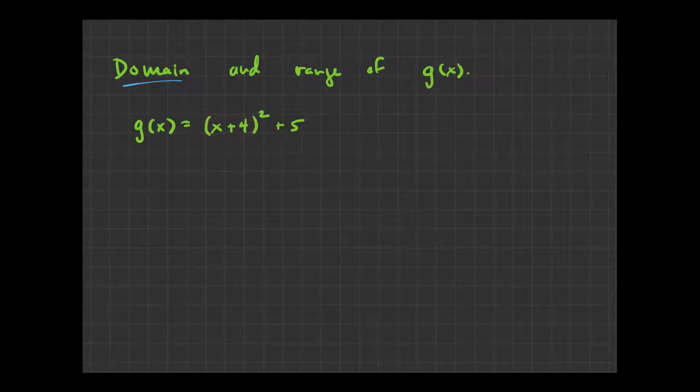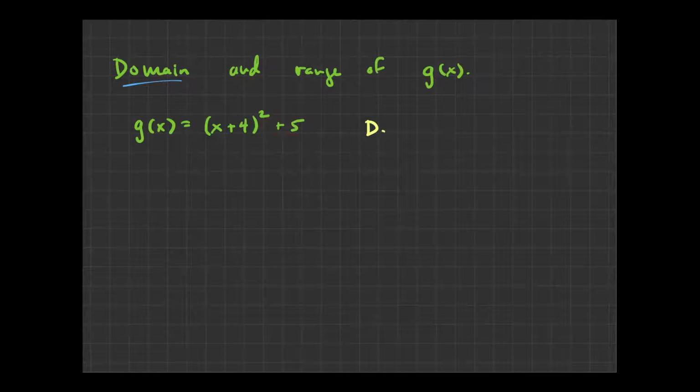We can add 4 to anything: to the number 6, to the number -6. In addition, you can square any number, positive or negative. There aren't any restrictions on adding, squaring, and then adding again. So for the domain, we don't have to worry about anything.